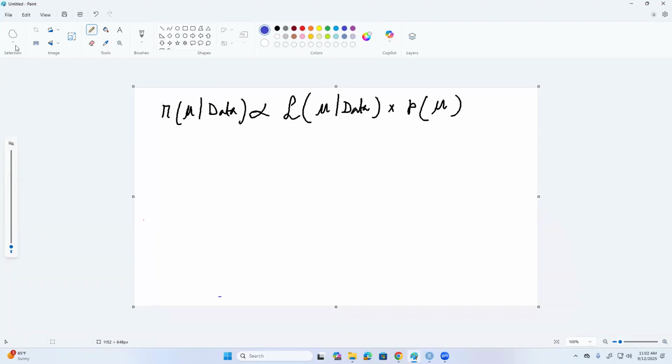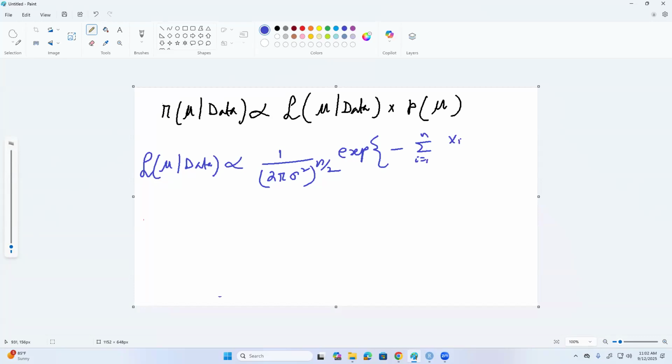I assume sigma squared is known. So the likelihood of mu given data is proportional to 2 pi sigma squared to the power n over 2 times e to the power minus, normal likelihood, right? Normal distribution likelihood function. It was the sum of xi minus mu squared over sigma squared. And we wrote this.